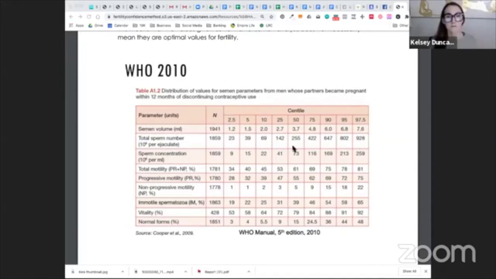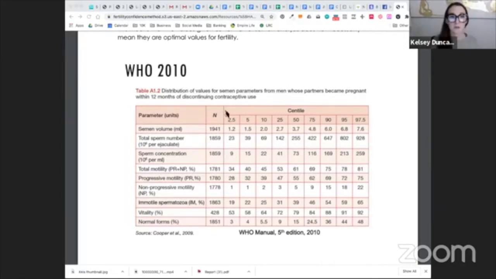So if they're in the 50th percentile, 50% of men had higher numbers, 50% of men had lower numbers than them, basically giving you a 50-50 shot. So you're average, right in that midline. Granted, all of these men did get their partner pregnant.